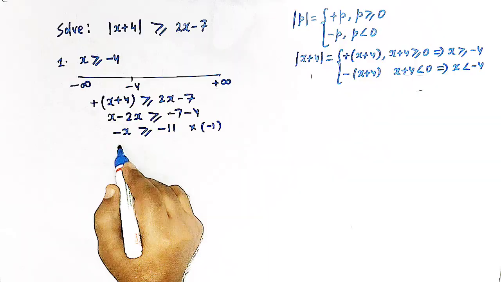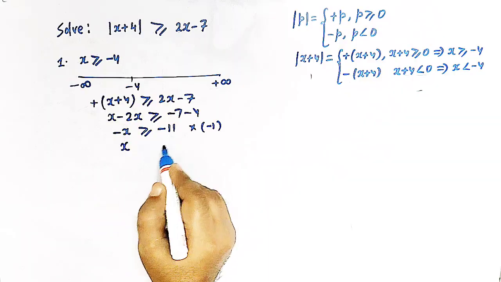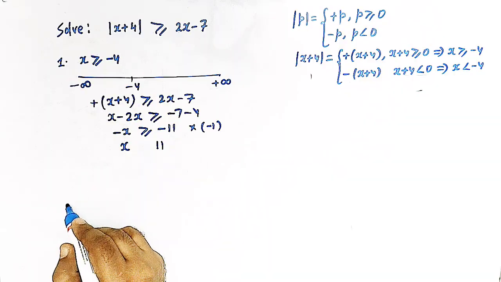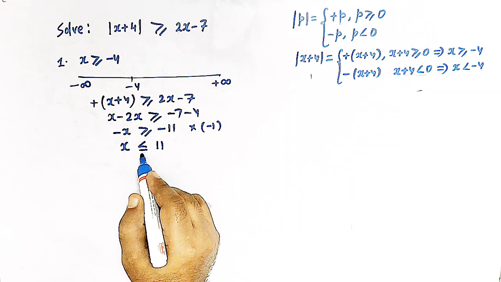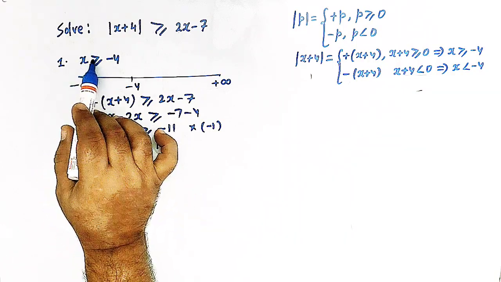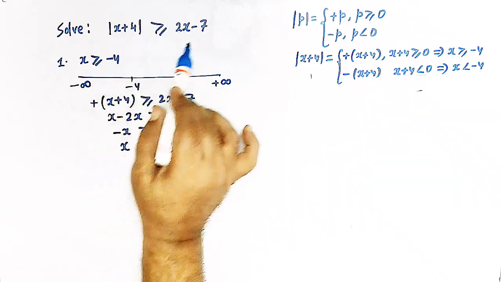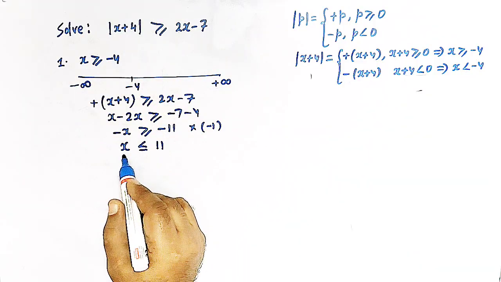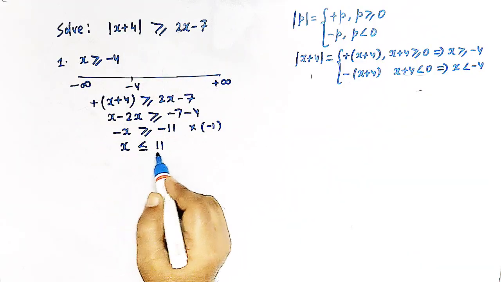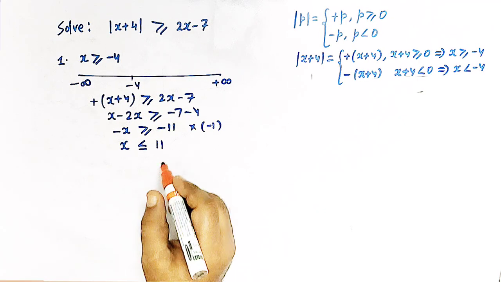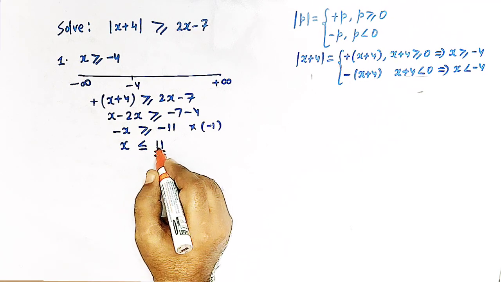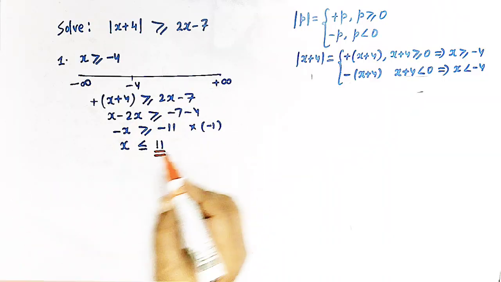So we have here positive x, and here we have positive 11, but the direction of the inequality gets reversed. So when x is greater than or equal to minus 4, then this inequality gives us x less than or equal to 11.